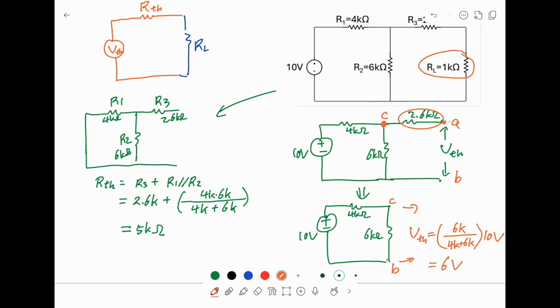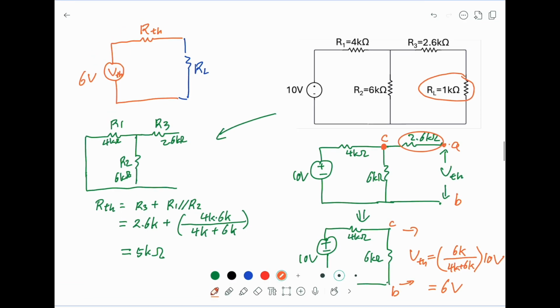So the Thevenin voltage is 6 volt. So this is 6 volt. And the Thevenin resistance is 5K ohm. Now we can calculate the current passing through the load resistor.